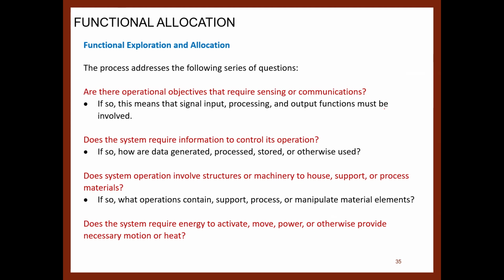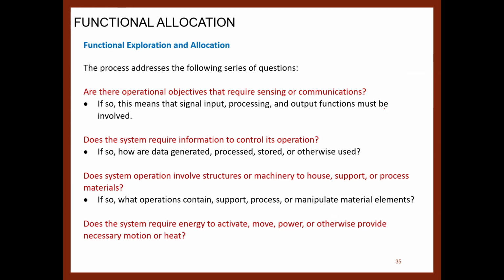Does the system require information to control its operations? If the answer is yes, how is data generated, processed, stored, and otherwise used? So again, the data component will be involved. Does the system operation involve structures or machinery to house, support, or process materials?